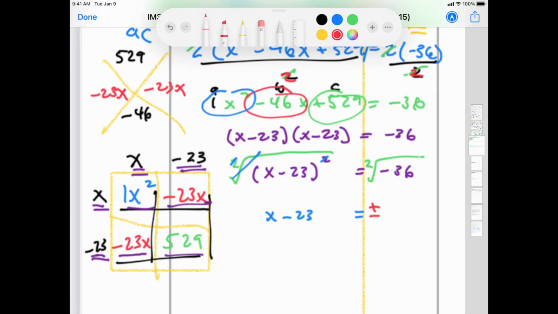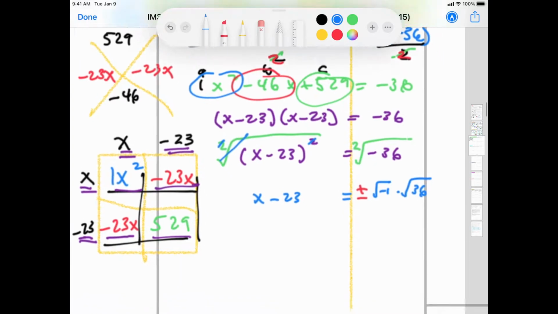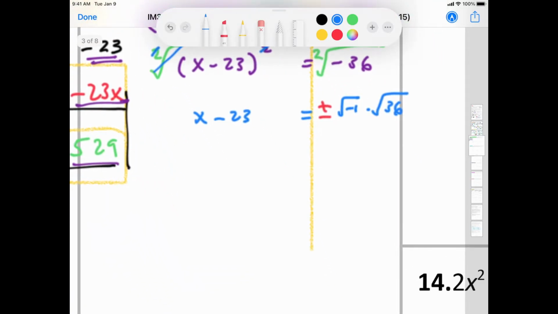Now, the factors of negative 36 are negative 1 and 36. And over here, this will simplify to the square root of negative 1. What do pirates say?